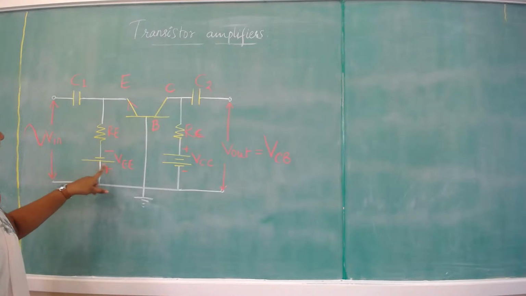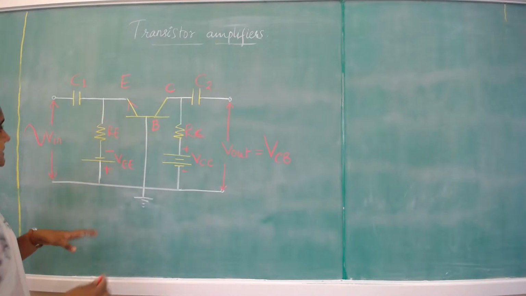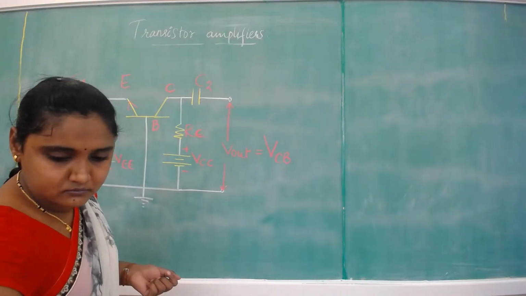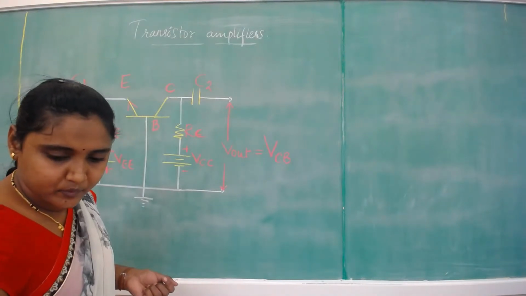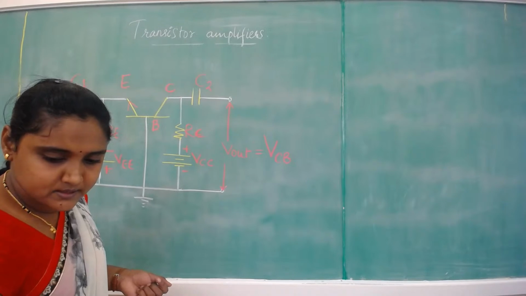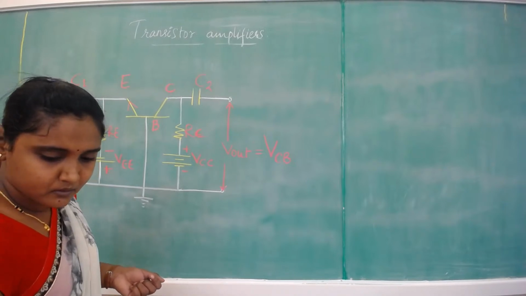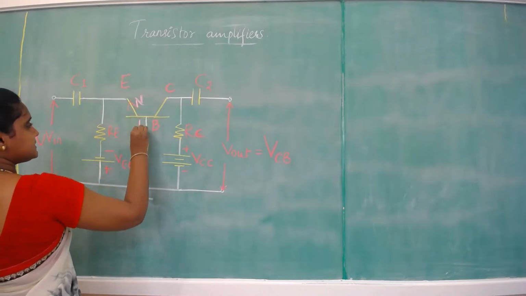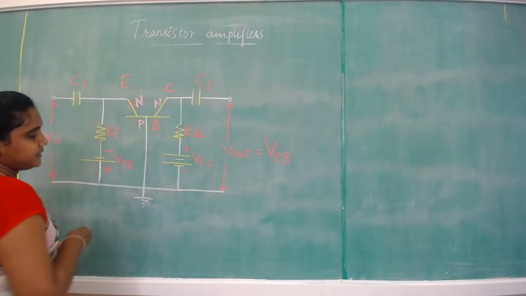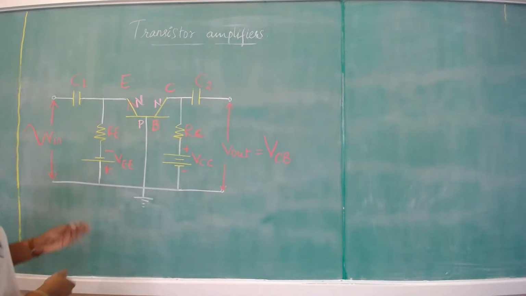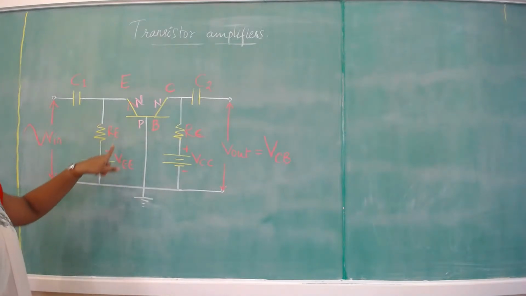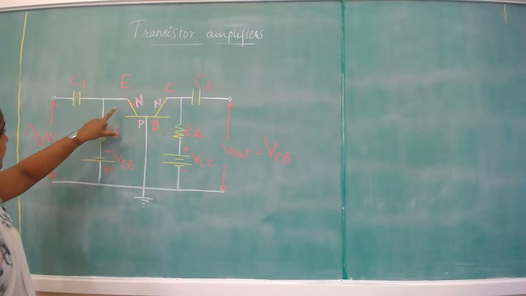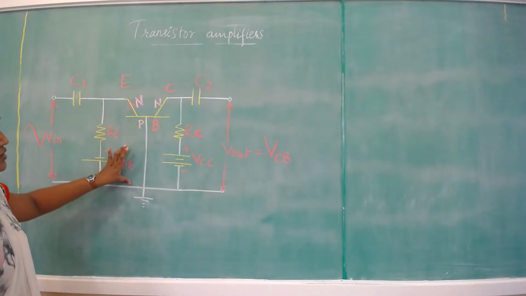Here, this VEE, as we know, what type of voltage is it? Here, this is N, this is P and this is N. So this particular voltage VEE with the negative terminal is going to forward bias the EB junction.